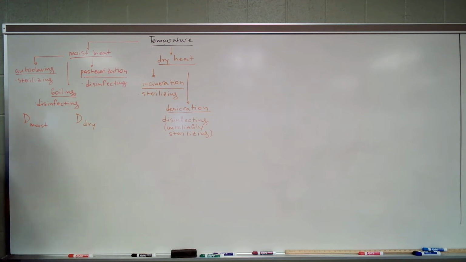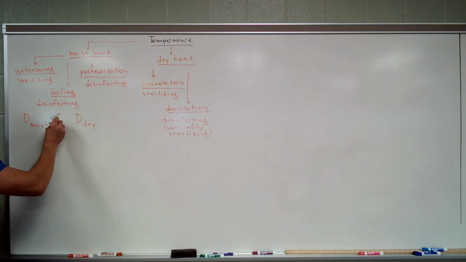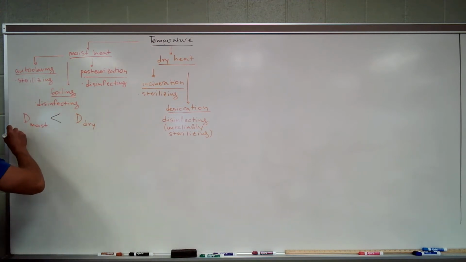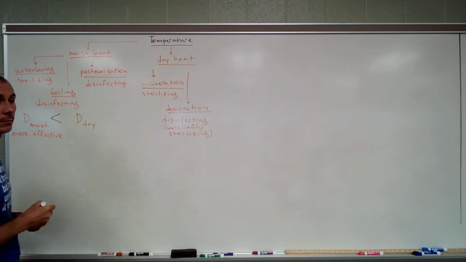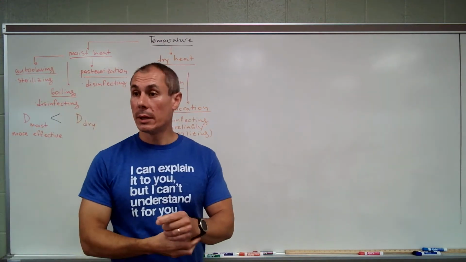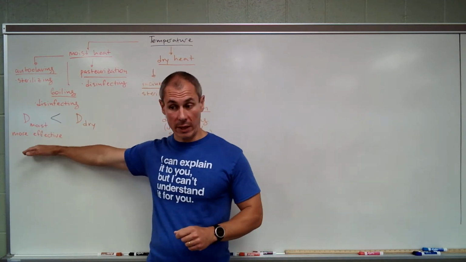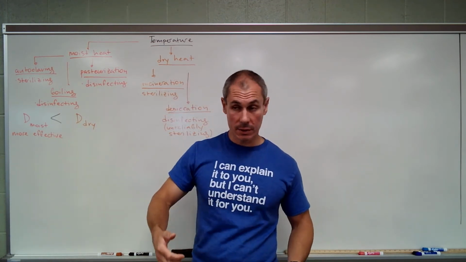So listen, at the same temperature, for the same microorganism, D-value for the moist heat will always be significantly lower, okay? So moist heat is more effective. Does it make sense? Moist heat is more effective, therefore D-value for moist heat is lower, kills it faster.